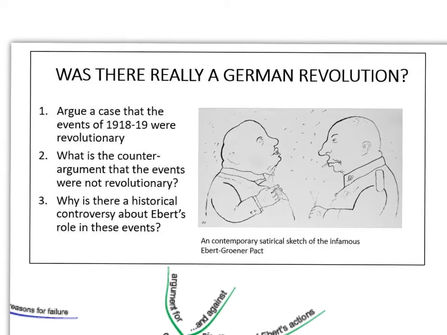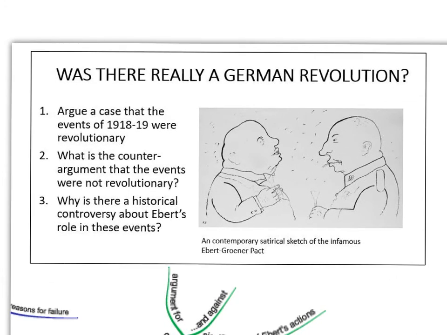This is the test for yourself of your knowledge and understanding. So be thinking about this. Could you argue a case that the events of 1918 to 1919 were revolutionary? And what's the counter-argument that historians might use that the events were not revolutionary?